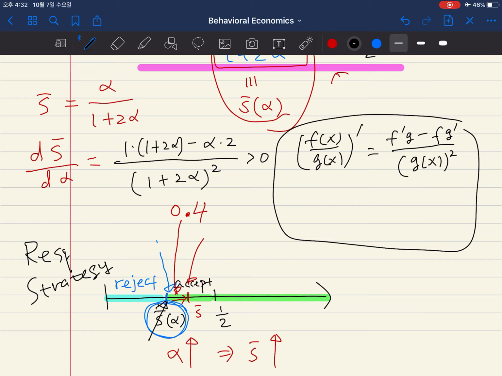Then if the proposer offers 40% of the resource, he's gonna accept. But if the threshold is here, it means the proposer is facing a responder who feels great envy, so the alpha parameter is really big. Then in that case, if the proposer offers 40% of the resource, it is possible that it is rejected by the responder.